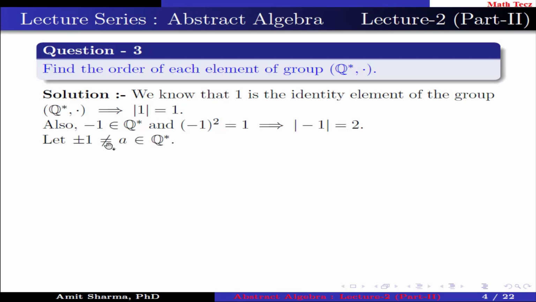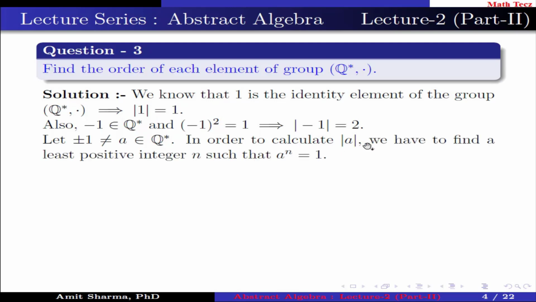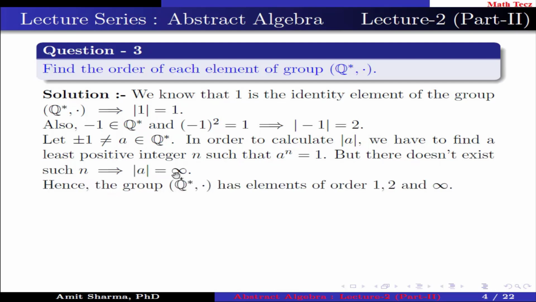Let a not equal to plus minus 1 belong to Q star. In order to calculate the order of a, we have to find a least positive integer n such that a to the power n equals 1, but there does not exist such n, implies order of a is infinity.